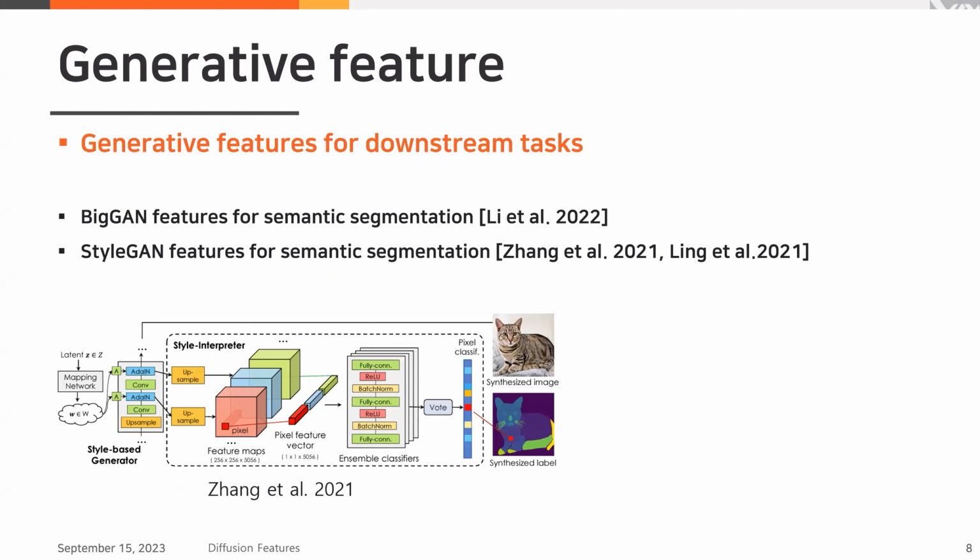GAN features have also been utilized in many fields. Semantic segmentation was one of the primary tasks done with these GAN features.